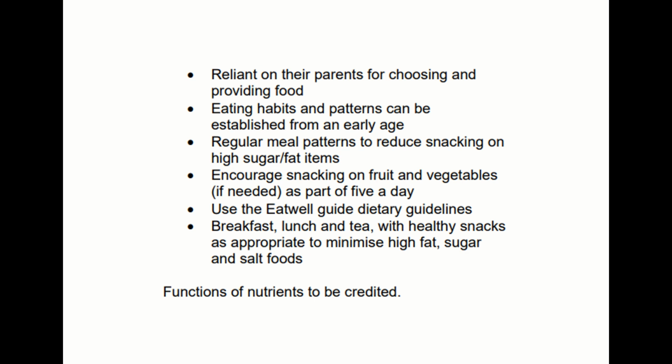And regular meal patterns, so making sure they have their breakfast, lunch and dinner without snacking on high sugar or fatty items. So encourage snacking on fruit and vegetables as part of 5 a day. Using the Eat Well Guide dietary guidelines, really important, and you should all know about the Eat Well Guide.